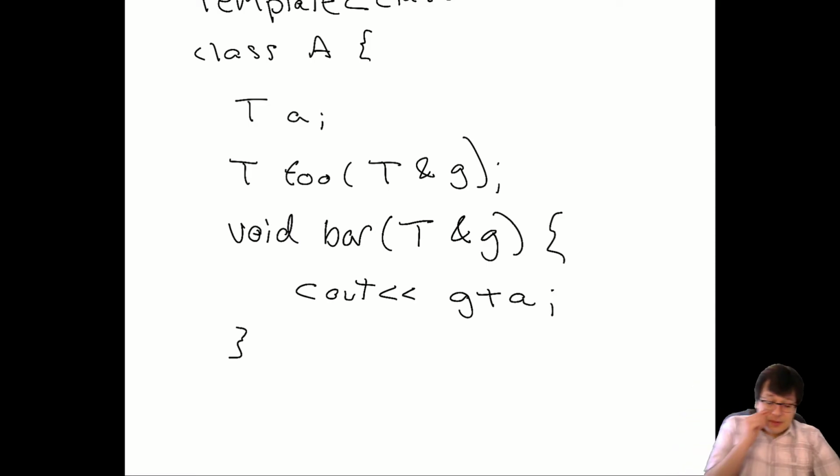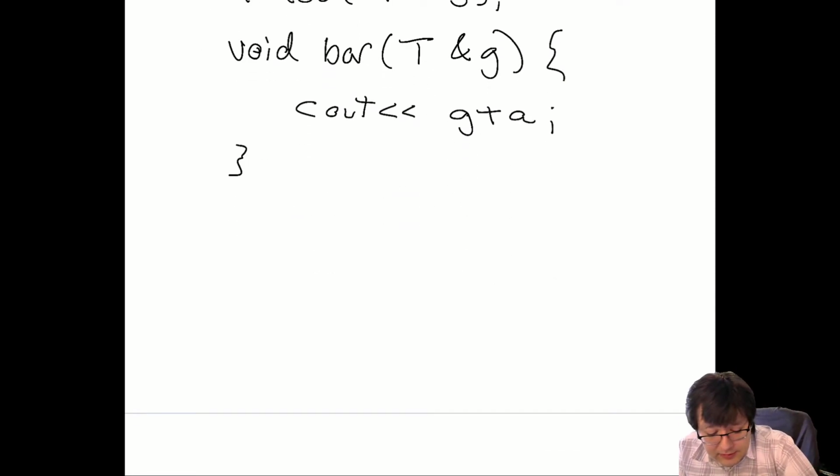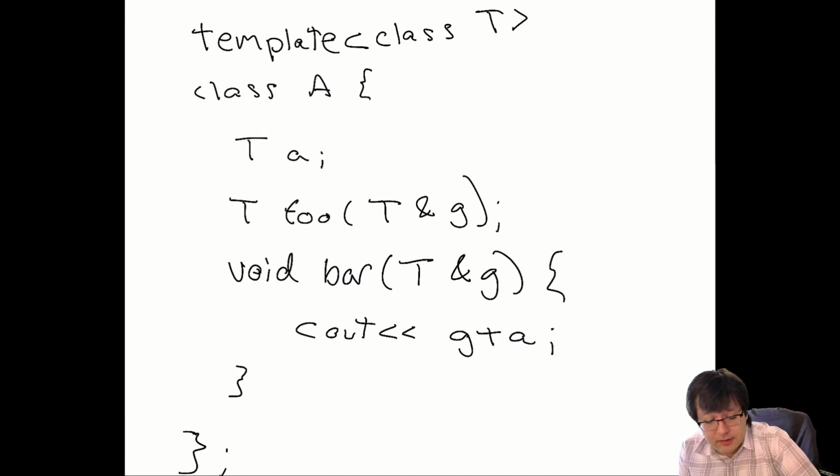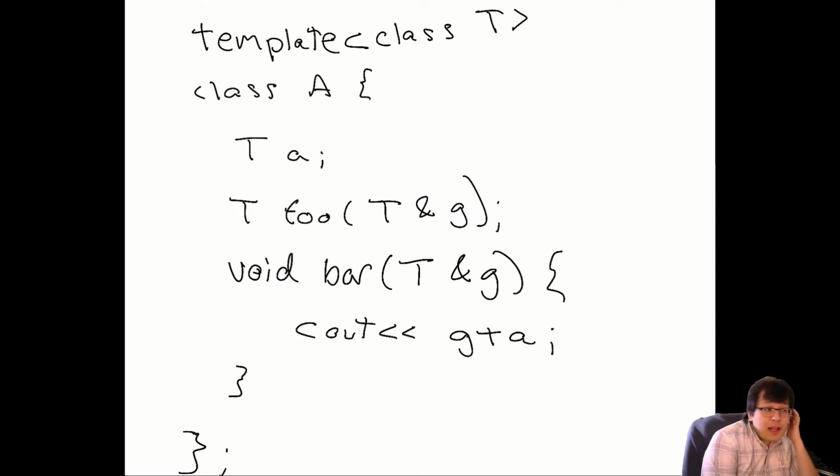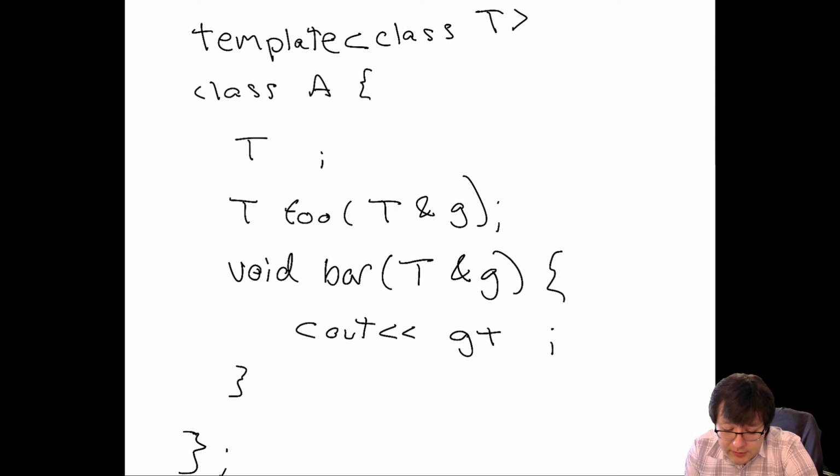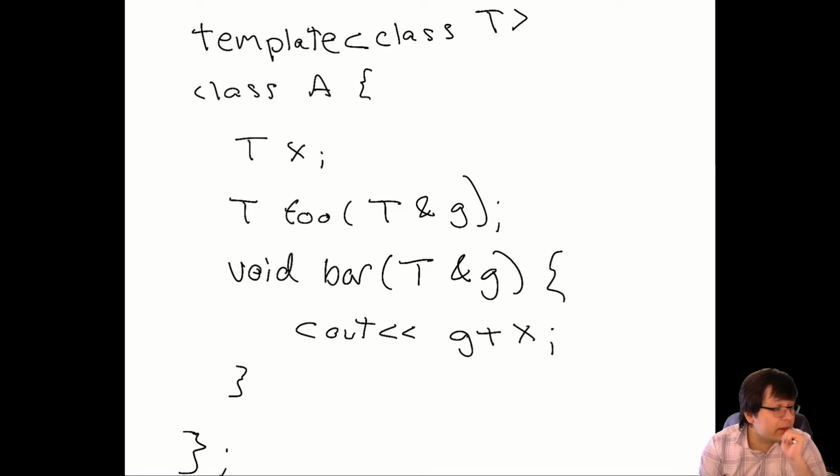Okay, so essentially what we've done is we've created a template class. Let me close it with a semicolon right there. We created a template class called A that has a variable. In fact, instead of A, let's call it X, because we were calling it X in the example earlier, int X. So it says T X. And we created a random function bar that takes another of the same type as X and just adds them together and then couts the outcome.